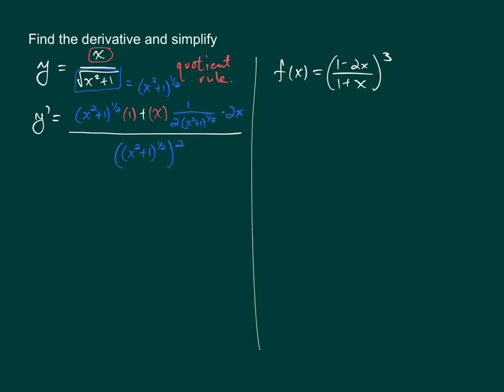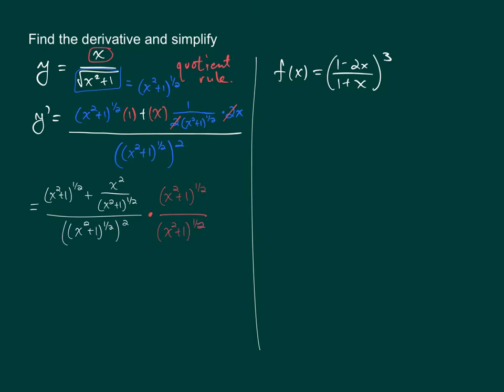I suppose before we do that, we could simplify this 2 and this 2, just to make it a little bit easier. So I'm going to rewrite this like so, and I'm going to multiply the numerator, the big fraction here, by x squared plus 1 to the 1/2 power, and the denominator by x squared plus 1 to the 1/2 power.